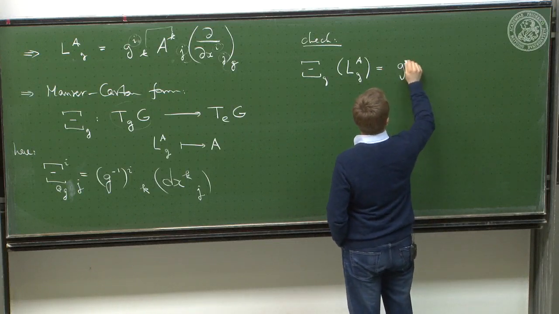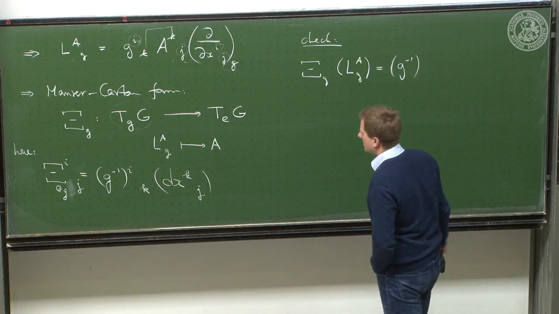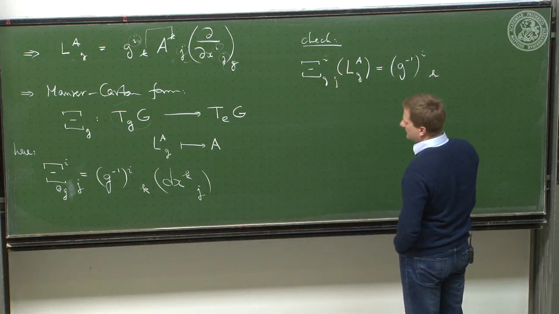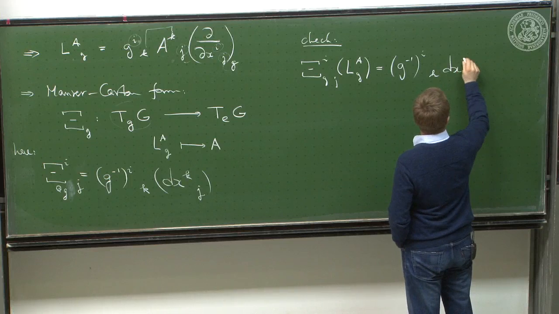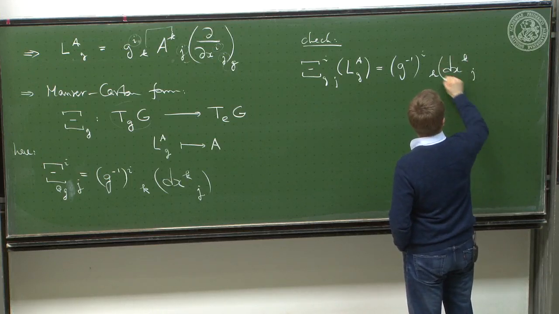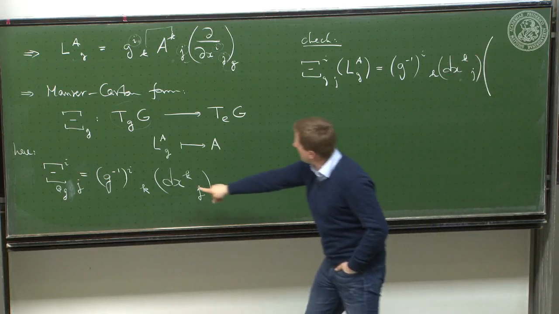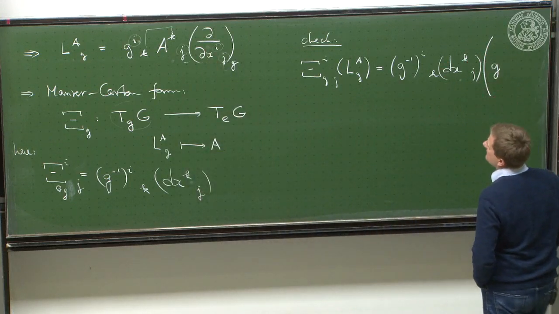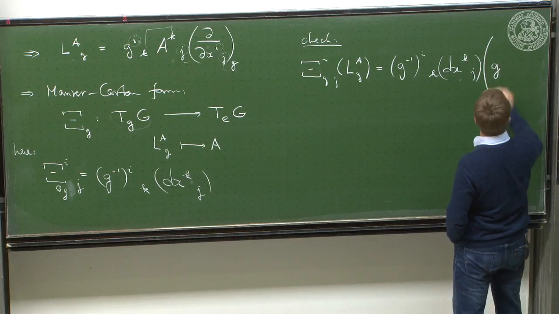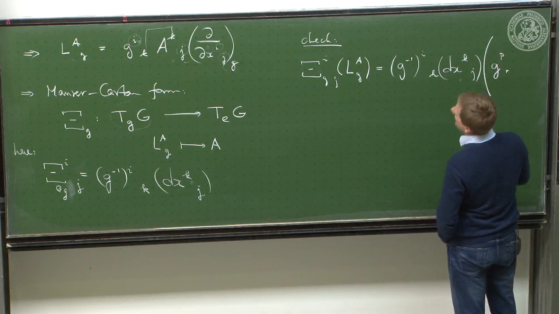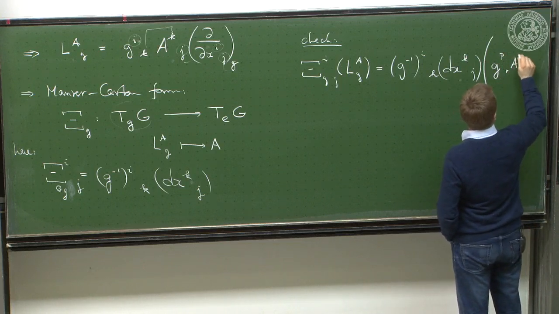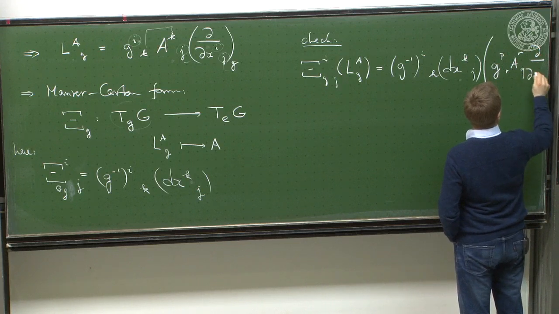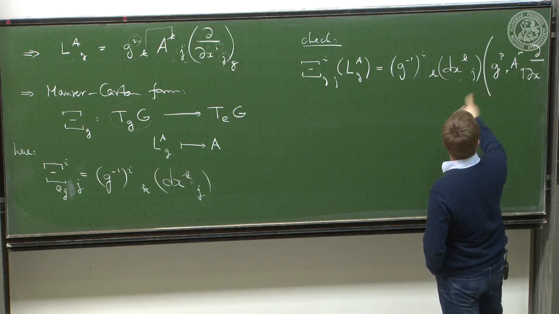This is (G inverse)_ik dx_kj, and I feed into this one form this vector. But now I need to choose different dummy indices. So (G inverse)_pr A_rq d by dx_pq.